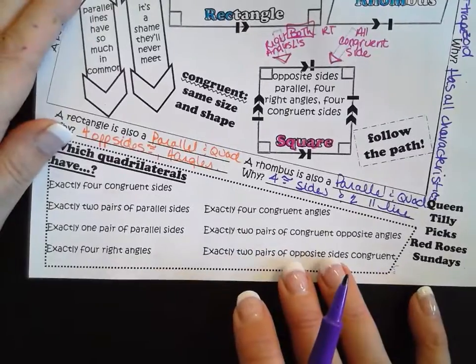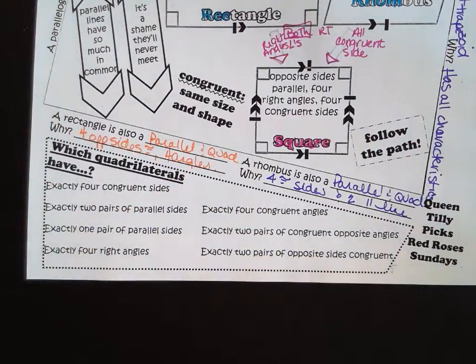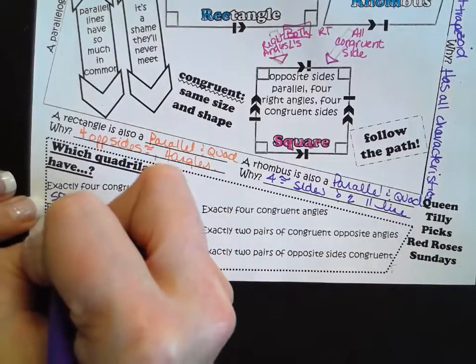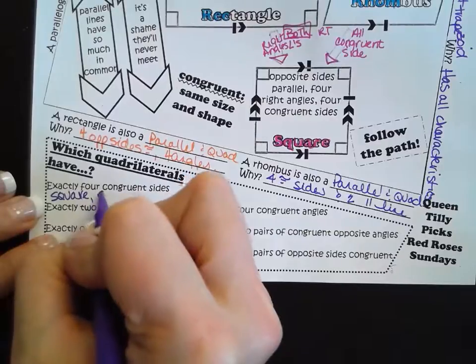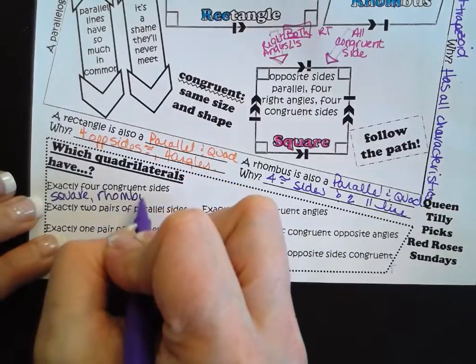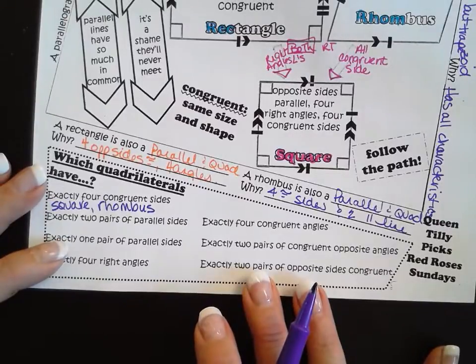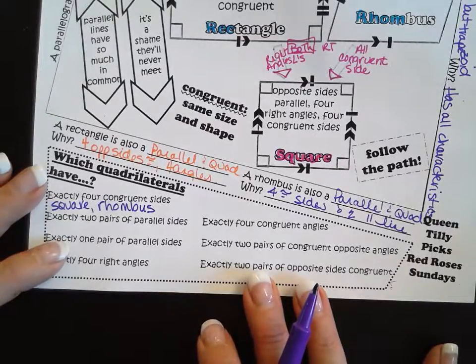All right, so which quadrilateral has exactly four congruent sides? A square. Anything else? Rhombus. Okay. Exactly two pairs of parallel sides?